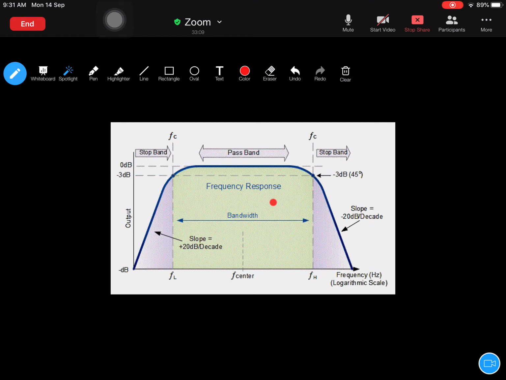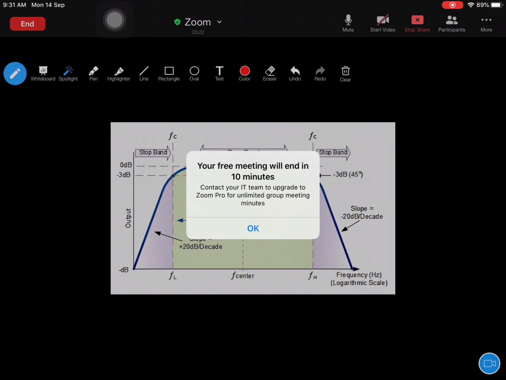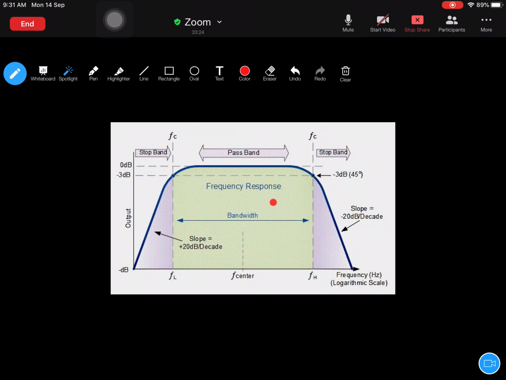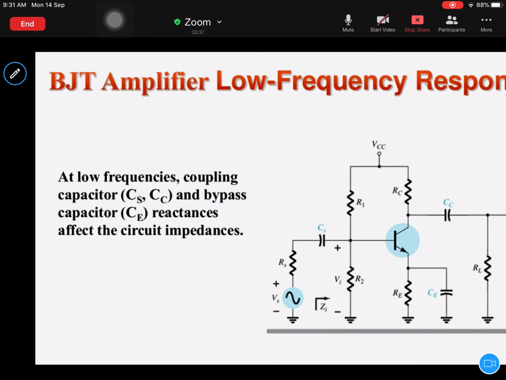They offer very little impedance to the transistor amplifier circuit, so they will not have any effect on gain, that is, they will not reduce the gain. But if you operate below the frequency FL, or above the frequency FH, then the capacitive effects will increase.